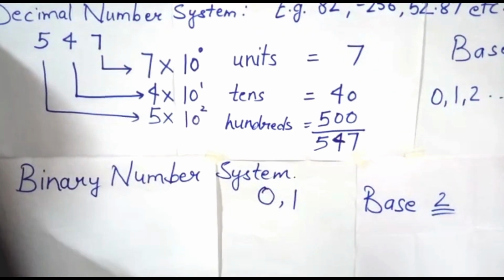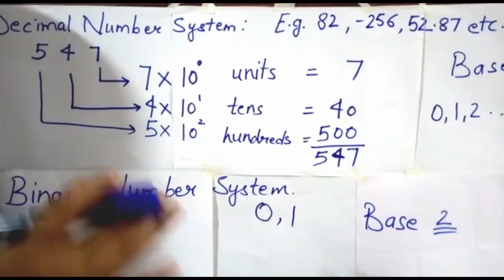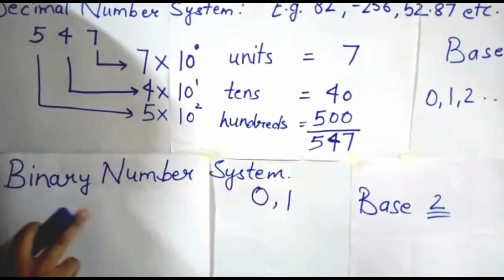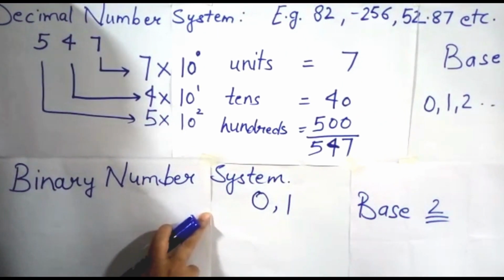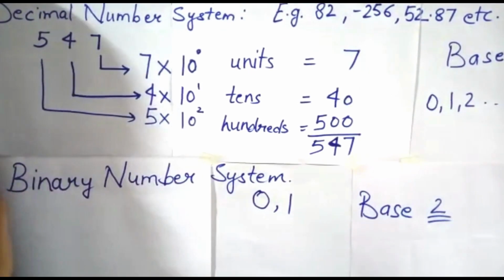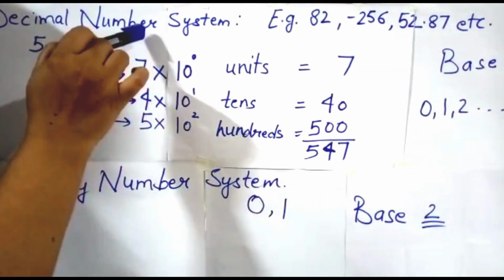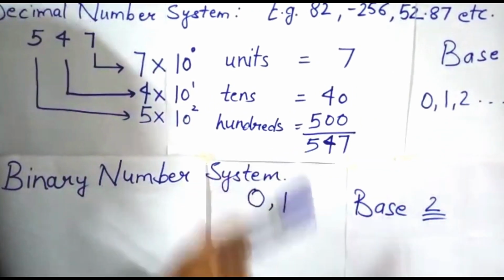A computer cannot understand human language. The data that is entered into a computer is converted into binary form because a computer understands only binary code. It further converts the binary result into the decimal equivalent for output.